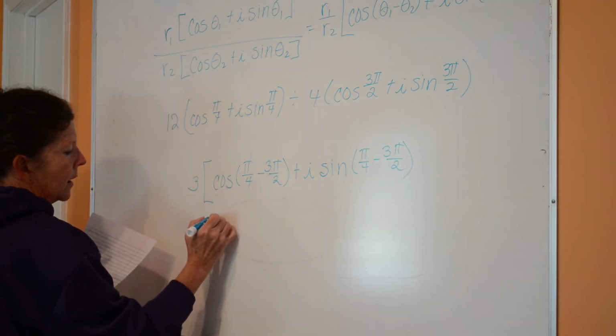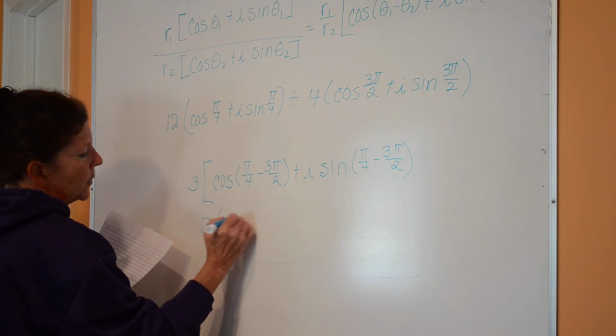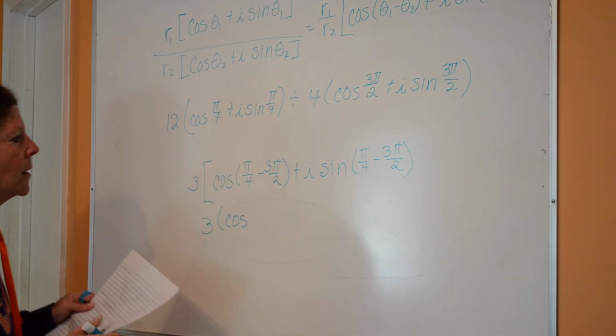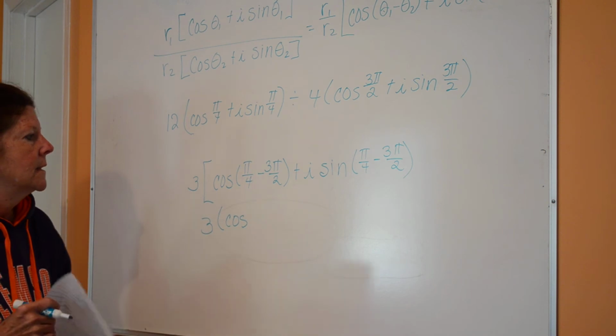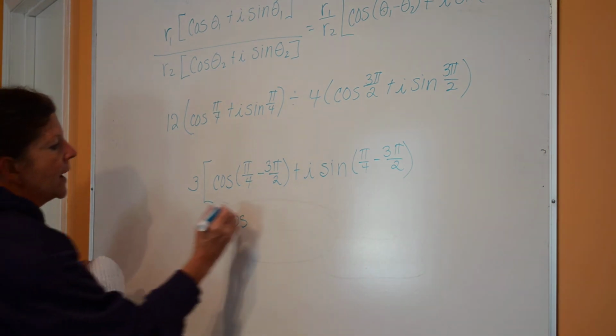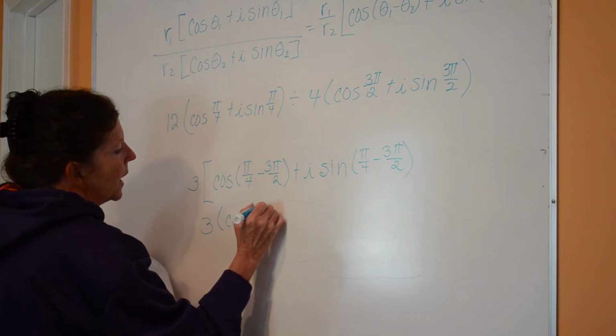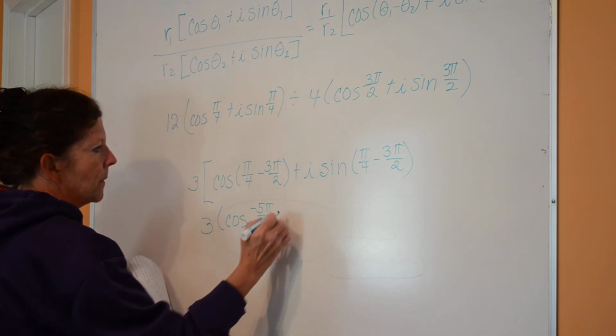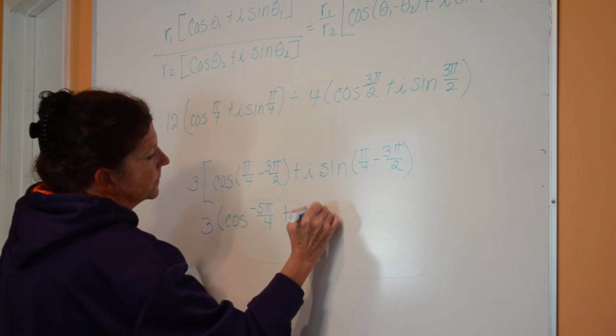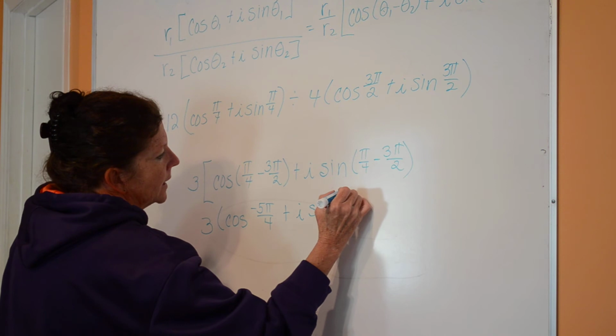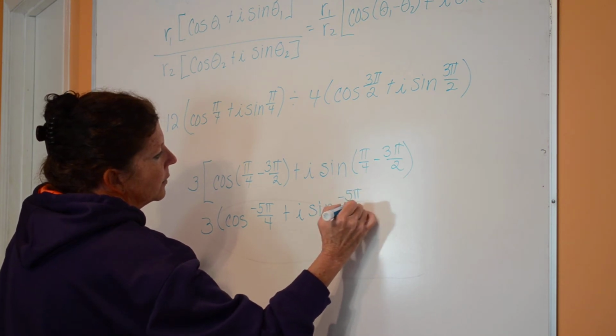So then I have 3 times the cosine. And I'm going to have a common denominator there, so that's going to end up being 2 pi over 4 minus 6 pi over 4, or negative 5 pi over 4. And the sine of negative 5 pi over 4.